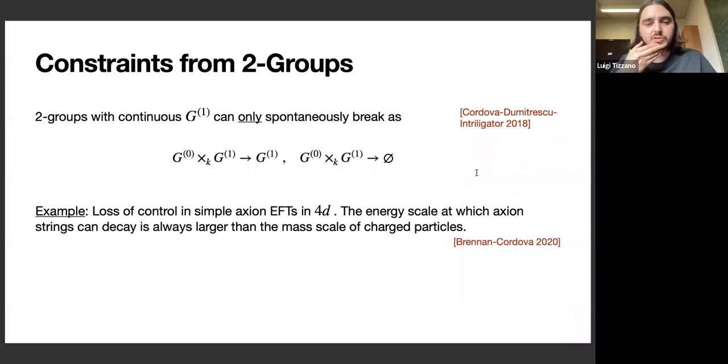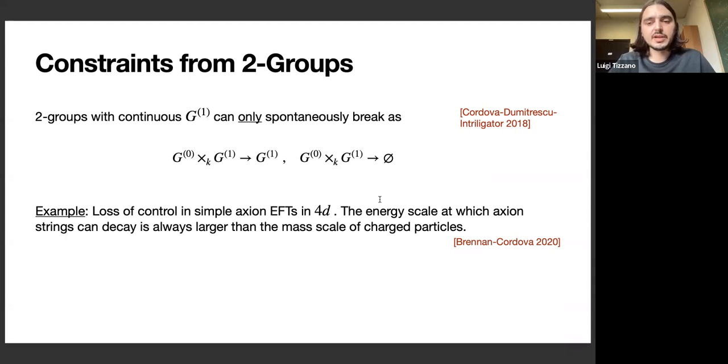You could consider some simple model, an effective field theory with axions, and then you could try to force a symmetry breaking pattern where you violate these two that I wrote here. So you want to break the zero-form symmetry but not the one-form symmetry.